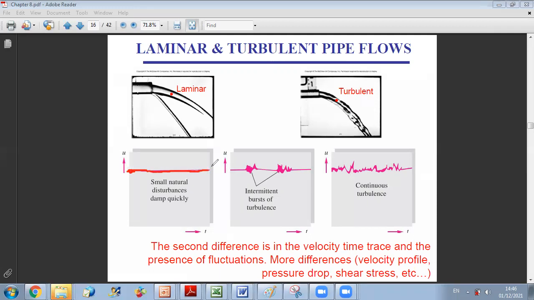At one location, the velocity will remain the same. In case of turbulent flow, it will oscillate around the average value, because you have sources of turbulence. Turbulence will lead to fluctuations of velocity around a certain average value.